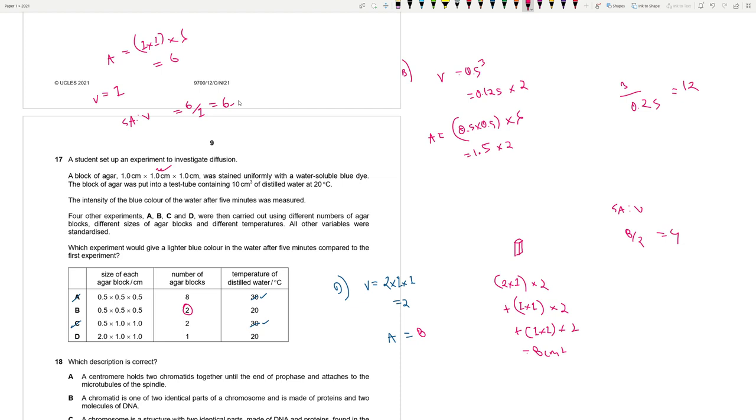And that's in D. And in B, it's 12. So the greater the surface area to volume ratio, the more likely that the color will spread, right? That's the logic.